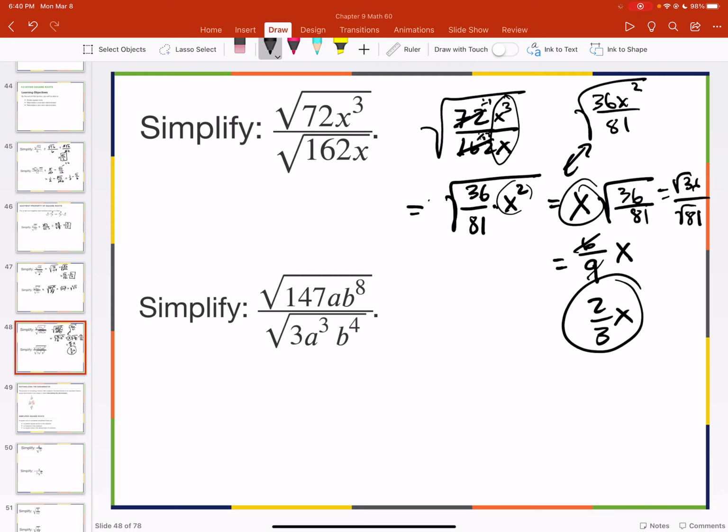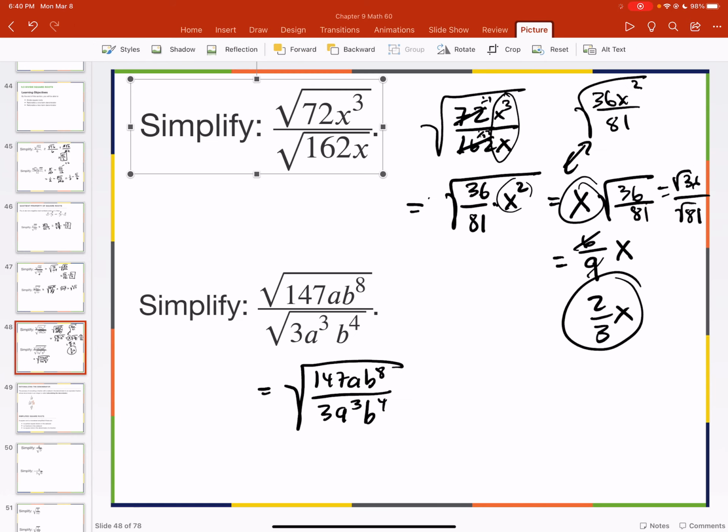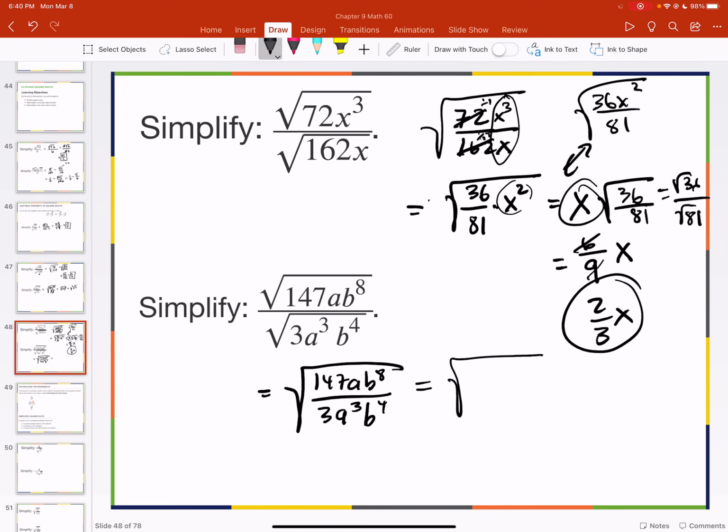Okay, so let's do another one. The square root of 147 a b to the power 8 over 3a cubed b to the power 4. So let's see what happens. 147 divided by 3 just so happens to be 49. So the numerical part becomes 49.